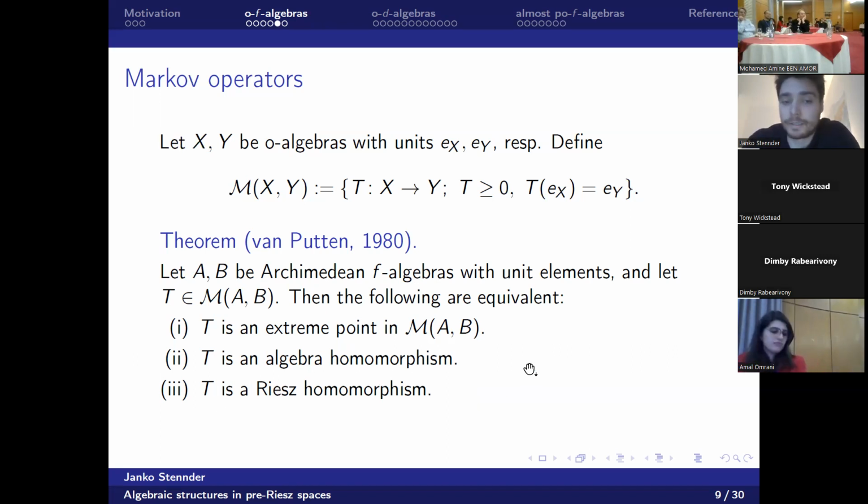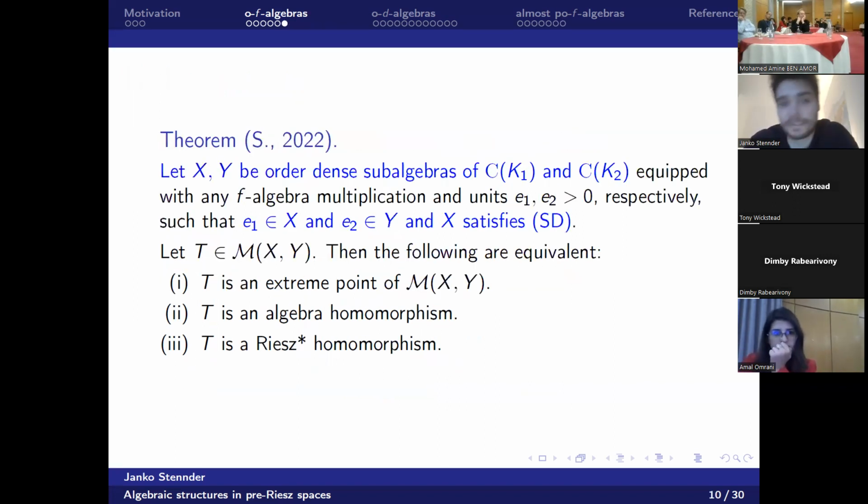And basically all the notions here are also available in partially ordered vector spaces. So the question was if the same holds in this case, and at least in the, again, order dense subspace case of C of k, I could prove basically the same result. So in this case, we have order dense subalgebras of two different C of k, so C of k1 and C of k2, and they are equipped with any F algebra multiplication, and the units are also in the subalgebras.